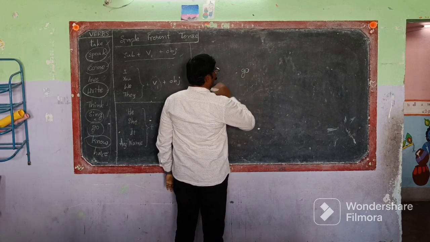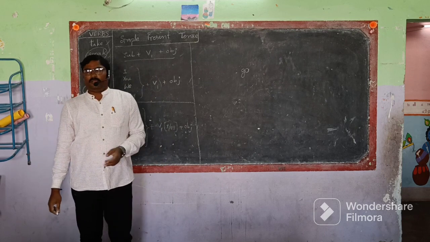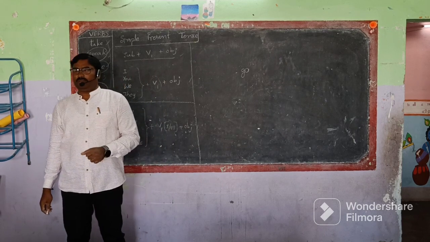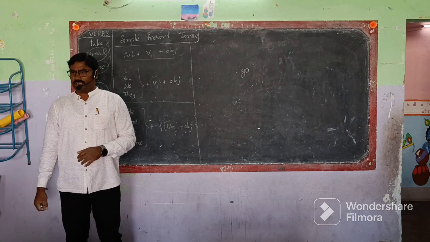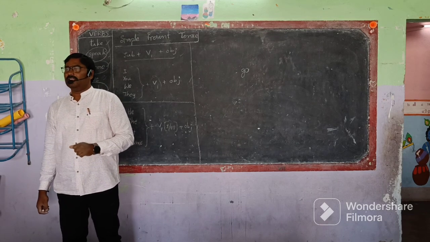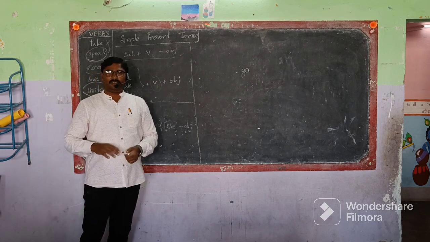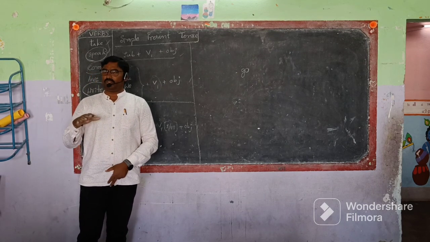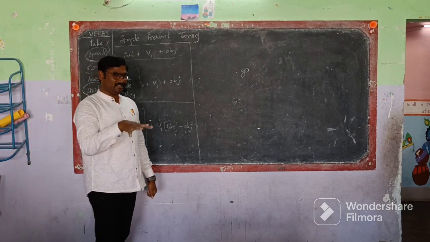Suppose go. Using verb one, there are commonly used structures. For example, the simple present tense shows ongoing actions. The present actions. What happens now?